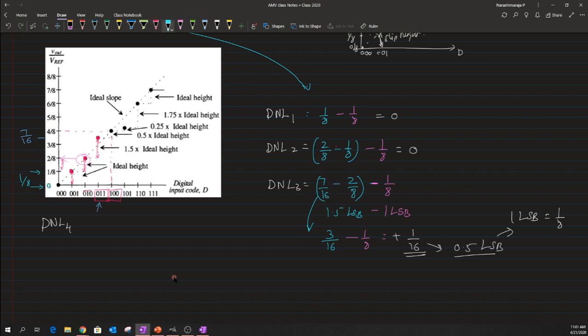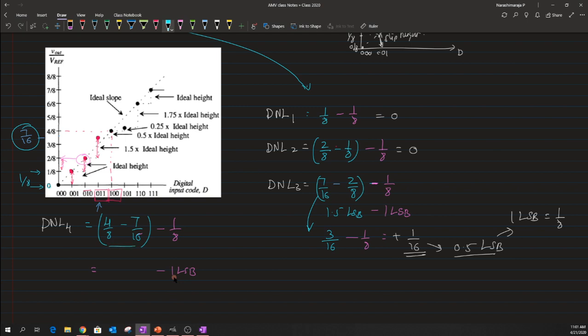So it is 4 by 8, and it is not the height, it is just the value that we are getting, and in order to measure the height I have to subtract this 4 by 8 from the previous value when we had an input value of 011, and that value was equal to 7 by 16, and that is what I have to write as my height, minus the ideal step height, which is always in terms of 1 by 8, or one can also write in terms of 1 LSB. Okay. And again when we try to subtract these two quantities, I guess we would end up having 1 by 16.